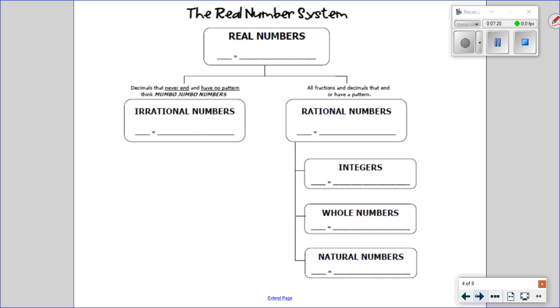If I'm counting how many letters are in the word number, I would start with 1, 2, 3, 4, 5, 6 letters.